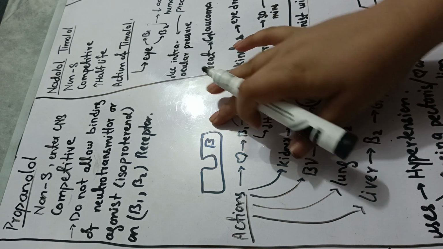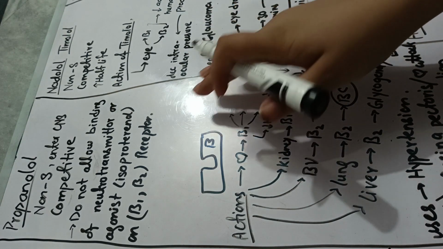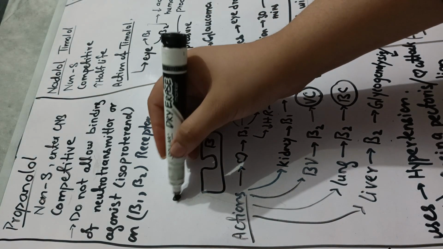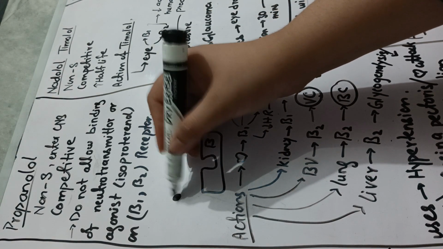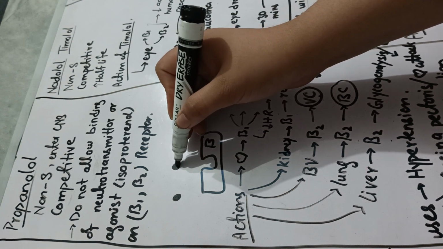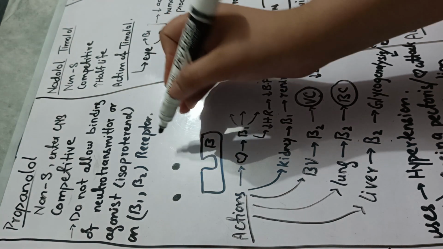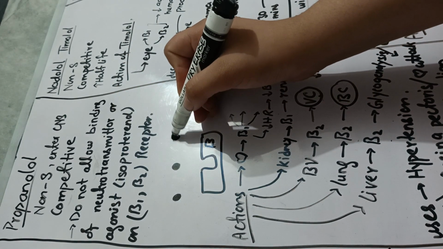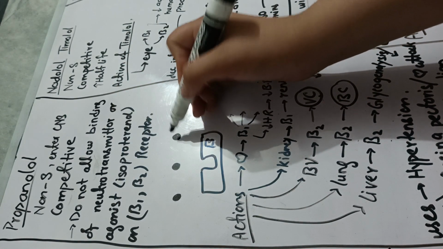So this is your beta receptor, can be beta 1 or beta 2. Now what is going to happen, let's suppose the propranolol drug is given and is present near that receptor. The epinephrine and norepinephrine, which are the neurotransmitters that have to bind with it, and the second agonist, which is isoproterenol, are also present here.